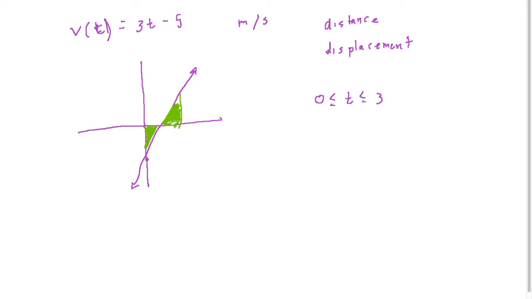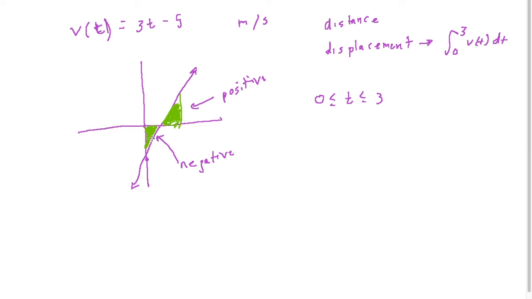So we can already start to see that distance and displacement are going to be a lot different, because displacement is just integrating this velocity function from 0 to 3, and displacement does not care that this area is negative and this part is positive. It's just going to put those two together and see how far this particle is from where it started.